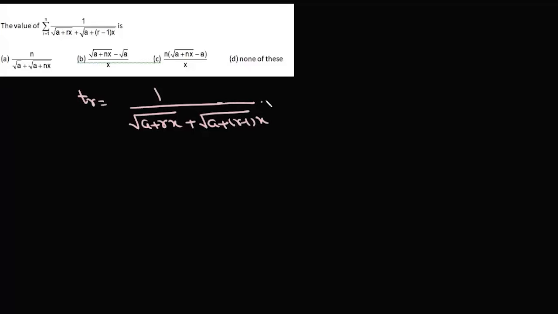Now here the question is, we need to find the value of this summation. So we write its general term T_r, it is 1 upon under root of (a plus rx) plus under root of (a plus (r minus 1)x). Now what we'll do is, we'll rationalize it. So we can write under root of (a plus rx) minus under root of (a plus (r minus 1)x), upon, this is (a plus b) into (a minus b), so there will be a squared minus b squared.